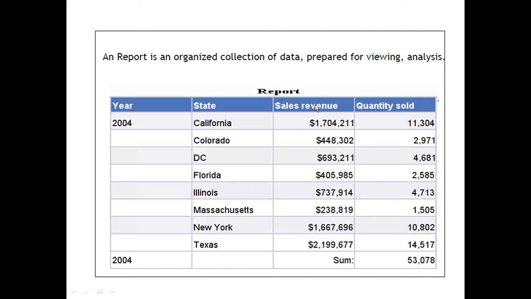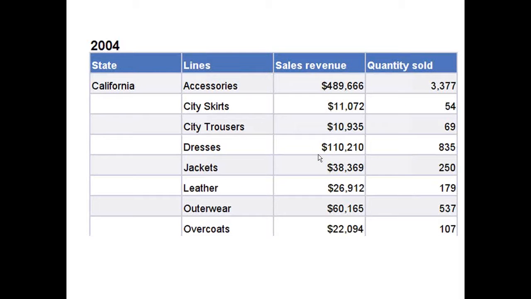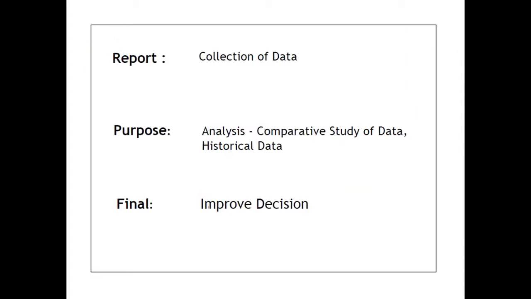Why does Texas have the highest sales revenue, and why does Massachusetts have very little? That is the way the end user can analyze the reports and take decisions to improve their business. Similarly, there is another, detailed report, where each year and each state's data is displayed. The group by California data you can see here, with product-wise details: what is the sales revenue for each product, and similarly the quantity sold.